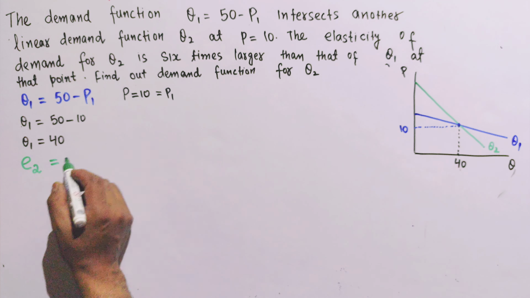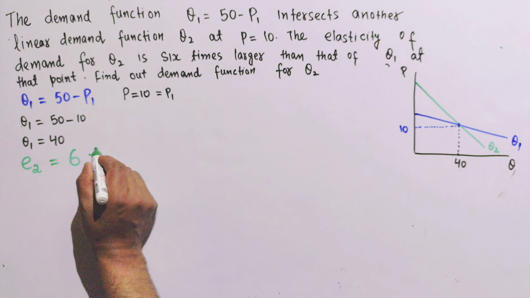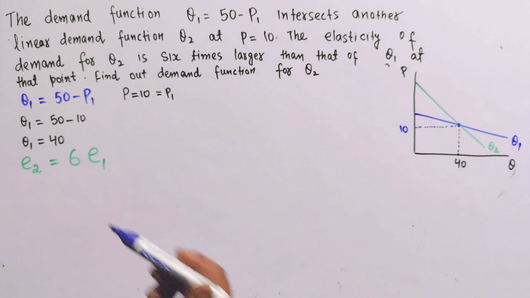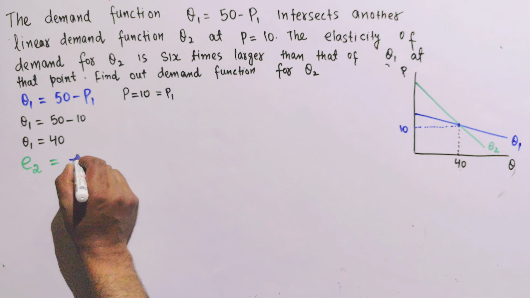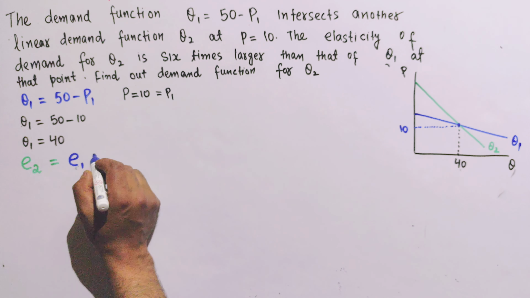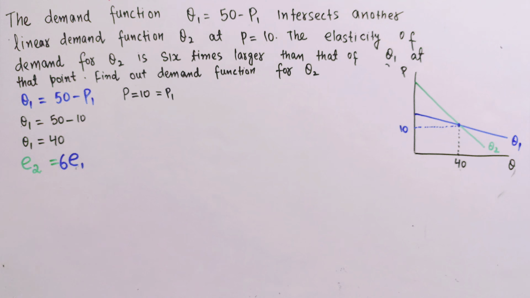We are being told it is 6 times greater than the elasticity of demand for Q1. So elasticity E2 is equal to 6 times E1.